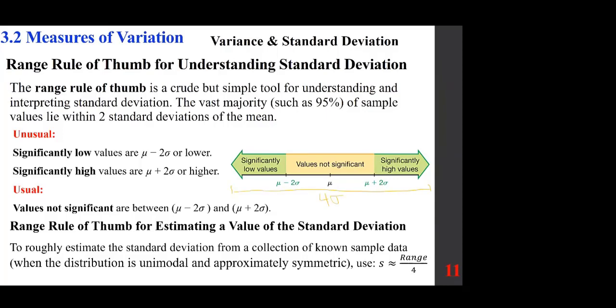Normally we don't have access to the population standard deviation, so if we have that range, we can divide it by 4, and that would be the standard deviation we are going to use. So, range rule of thumb: mu plus or minus 2 sigma is usual, and beyond that is unusual.